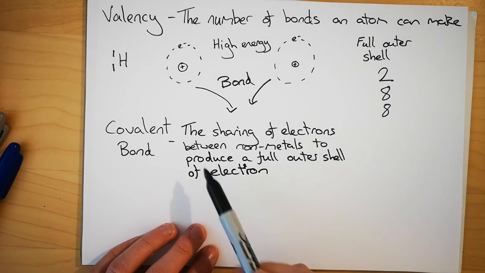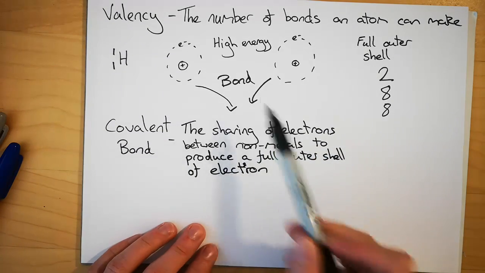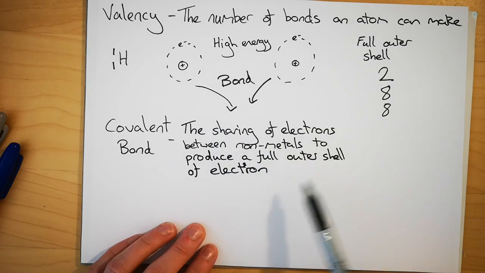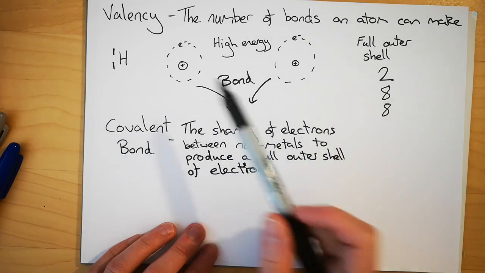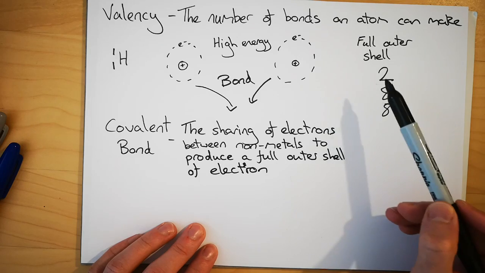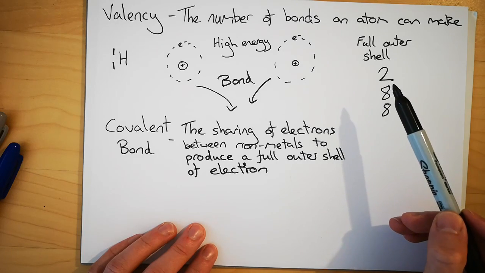So we've got this covalent bond that's going to form, and that's going to be the sharing of the electrons to have 2 outer electrons.